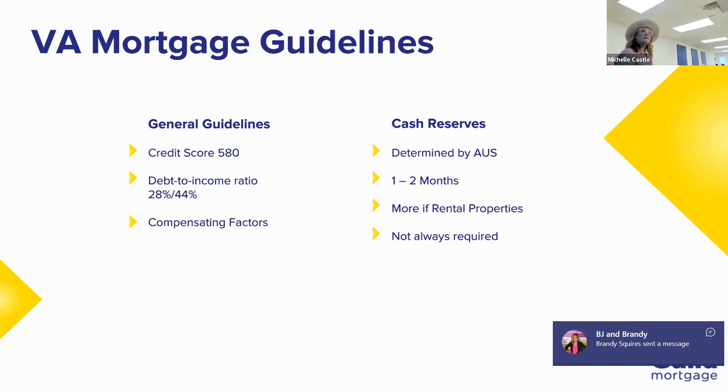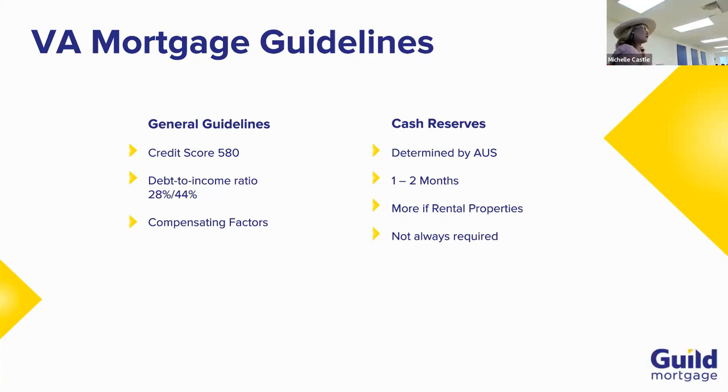The VA guidelines, actually our credit score requirement is down now to a 520. We don't see that many people, because just because they have the credit score and everything else fits does not mean that it's going to run through the automated underwriting system, but it could possibly work down to a 520.